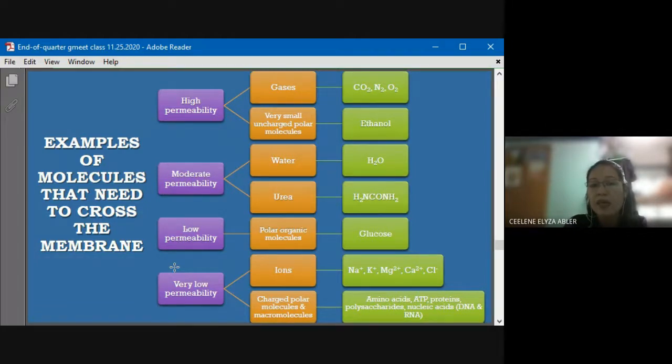As you notice, the entry of substances into the cell becomes complex when the molecule is too large. Glucose is a 6-carbon molecule, compared to your ethanol here, which is a 2-carbon molecule. Glucose is C6H12O6. That's its chemical formula.